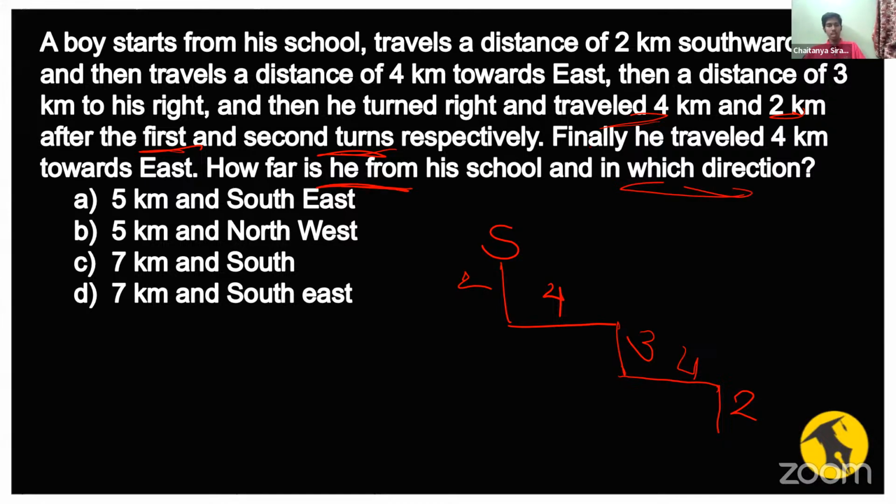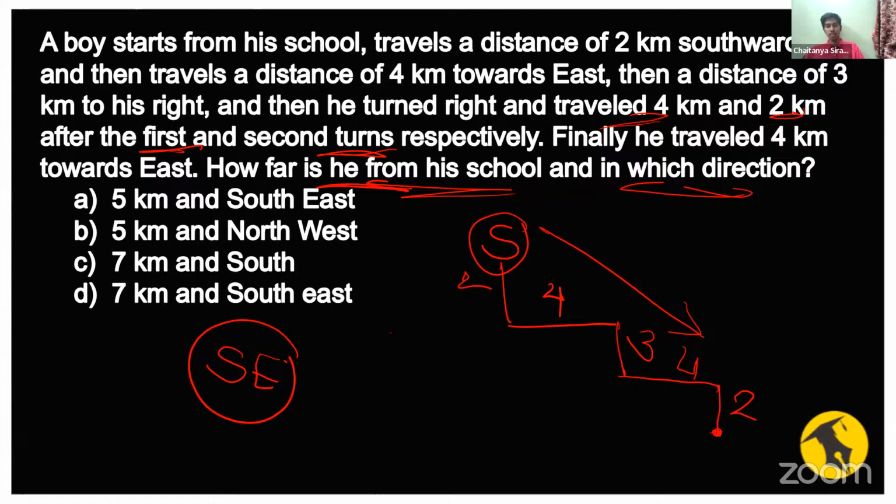So if you see, this is his final position and this was his school. The reference point here is the school and the direction is south east. Now you have to find the distance. If I draw a triangle representing his school and final, the horizontal distance covered was 8, and the vertical distance is 7.